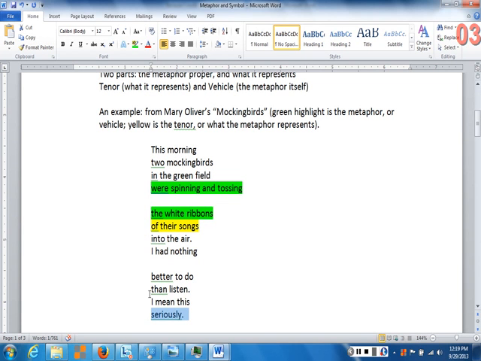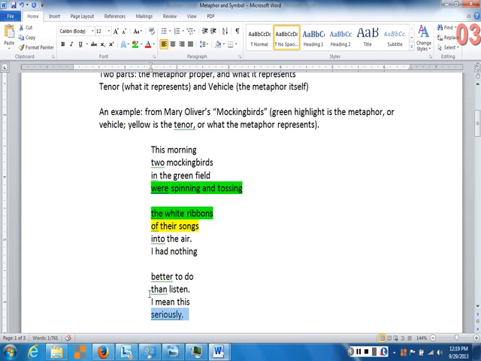I mean this seriously. And those three little stanzas, quatrains, right? 4-line stanzas. Those three 4-line stanzas then introduce a much longer poem. And I encourage you to read the whole poem. I'm not including it in this lecture, but you can find the poems in this lecture. There are several.